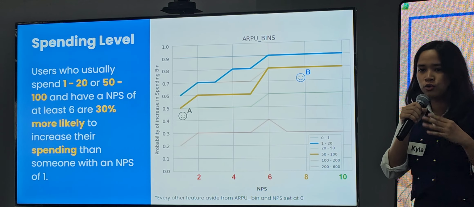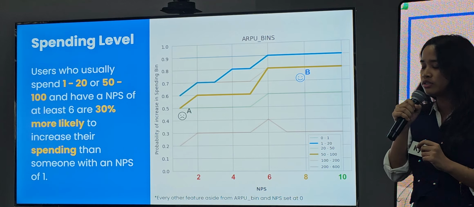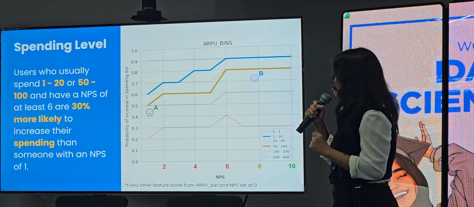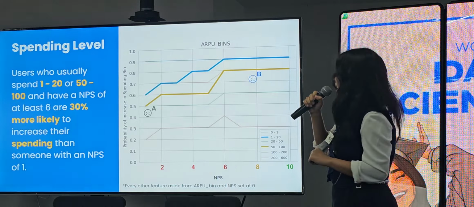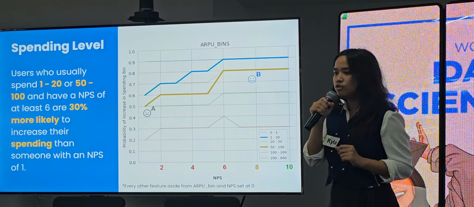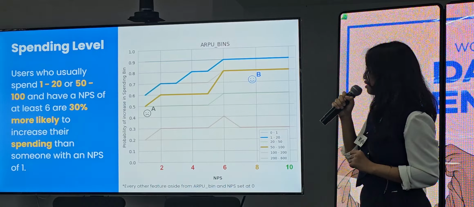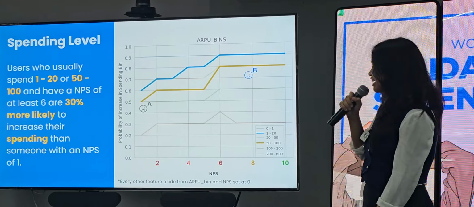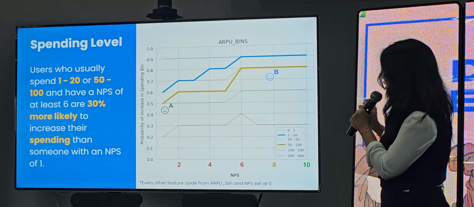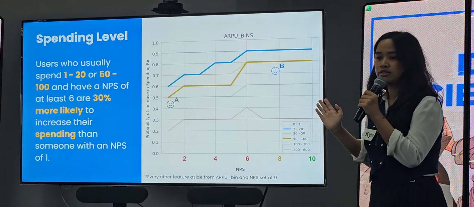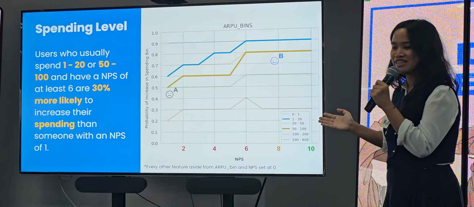We also explored several dimensions. Here we have spending level. Each line represents a different spending level. Highlighted in blue is 1 to 20 pesos, and highlighted in yellow is 50 to 100 pesos. Let's continue with the user example. User A, let's say, is at the 50 to 100 spending level historically.